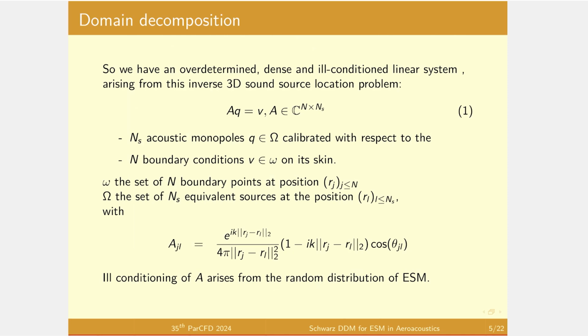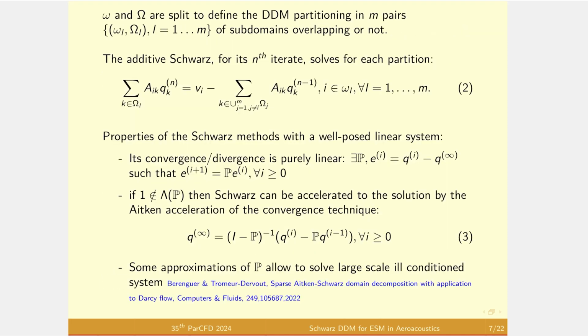So we have to decompose a domain that takes into account these two sets of points. So we define a pair: a subdomain is a pair of a part of omega L and a part of big omega L. These subdomains can overlap or not.